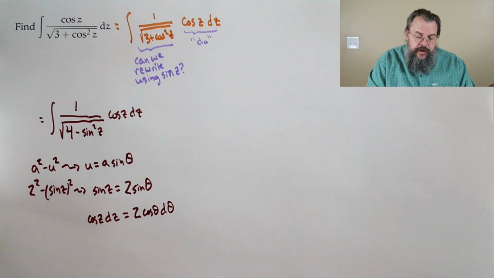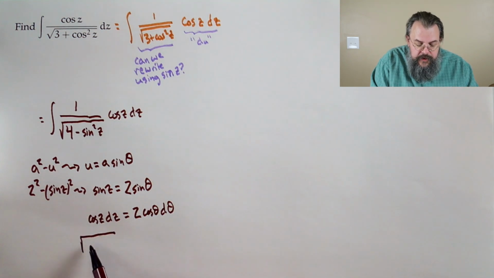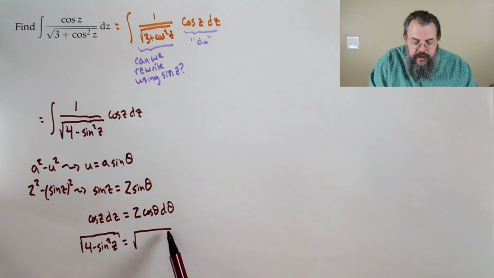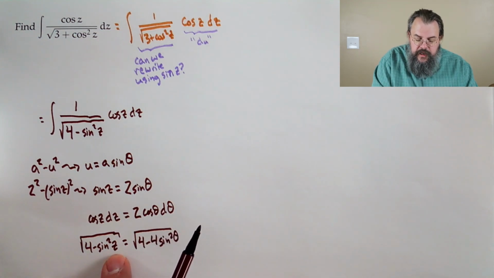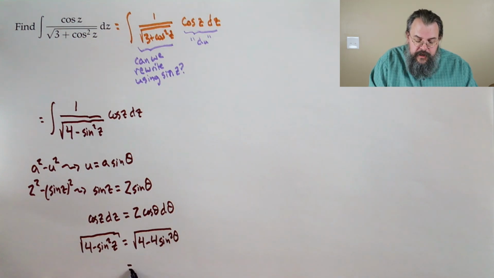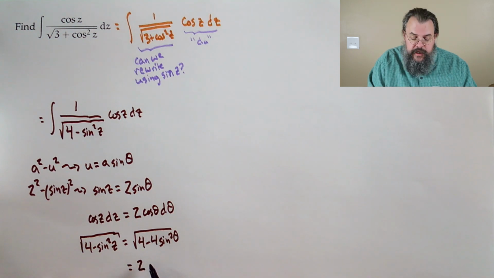Now, what else? The square root of 4 minus sine squared becomes the square root of 4 minus 4 sine squared, but with theta instead of z. We can pull out the square root of 4, that would be 2. And 1 minus sine squared becomes cosine squared. When you take the square root, you're left with cosine.